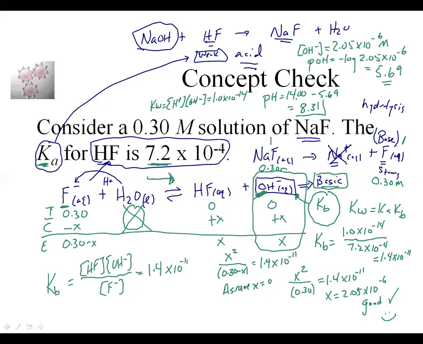And 8.31 is basic, just like we predicted way back when we started the calculation. Any questions on any of those steps there? Where any numbers came from, why I put anything anywhere.